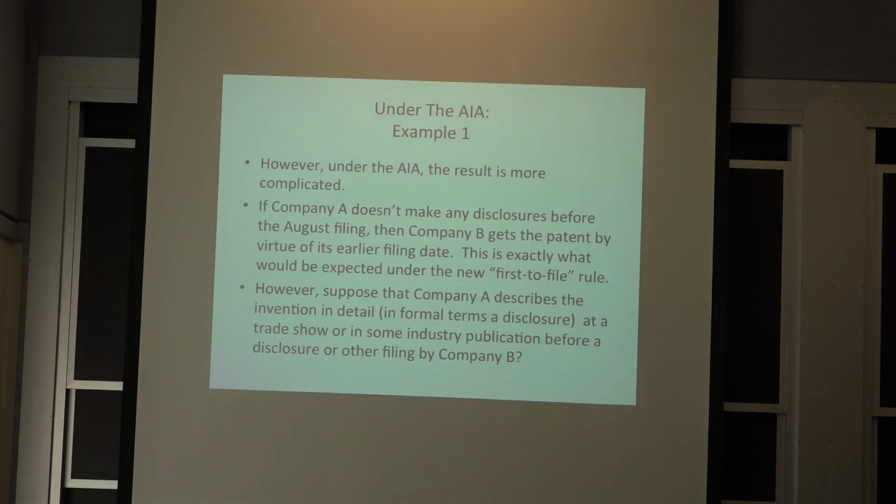What do you do? You would file with the USPTO an application for cancellation of the other party's patent application. And the reason would be that you had had a public disclosure prior to their filing. And in this country, a relative first-to-file country, you would win.